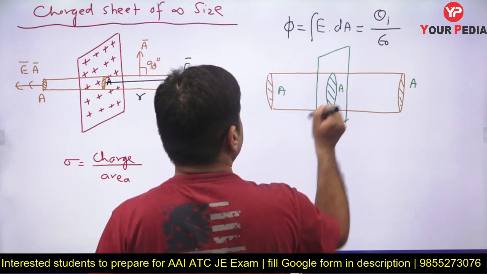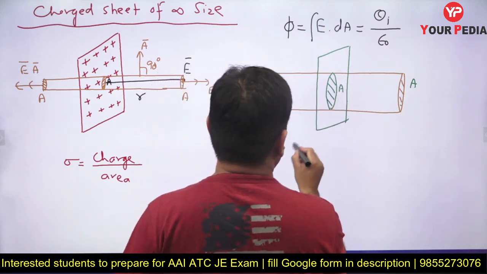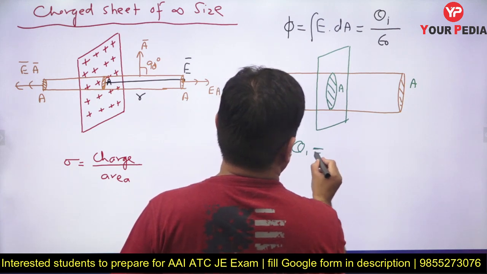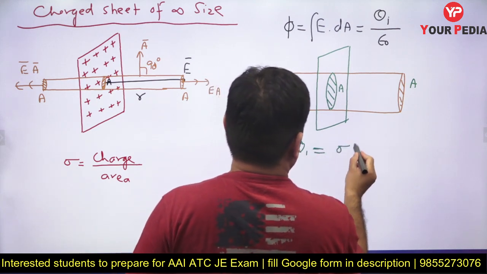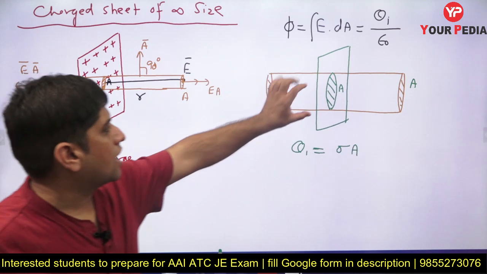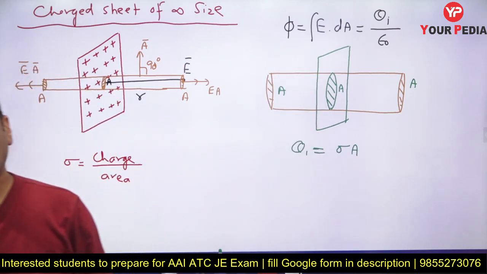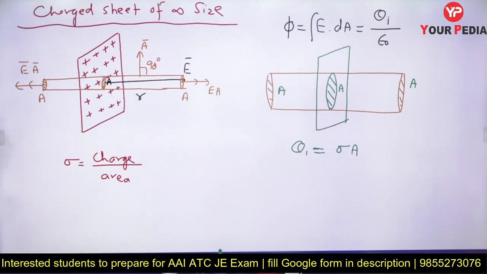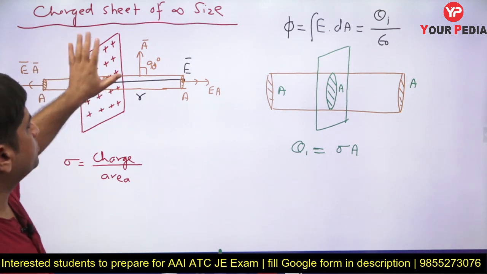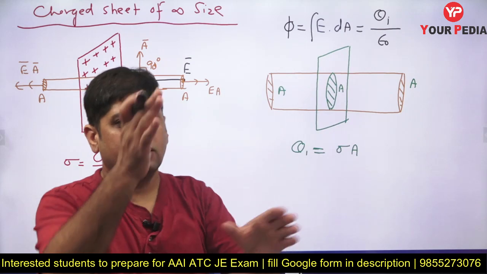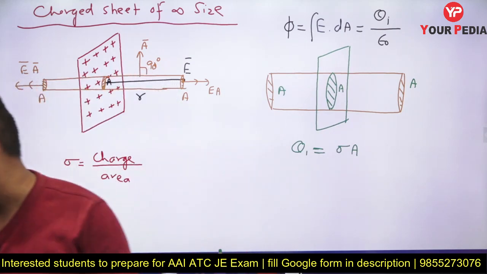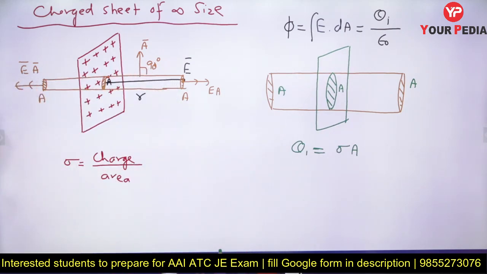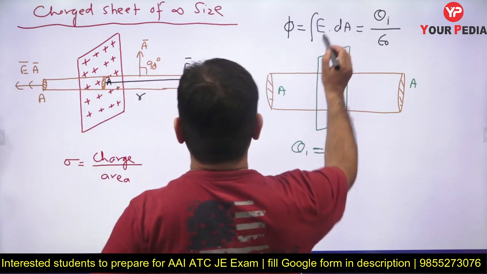So this area A contains the charge. What is the inside charge? The inside charge is the area into the surface charge density. This is the charge Q which this cylinder has from the plate. This is a very infinitely large plate, but this part is cut by the cylinder. So that is the charge we have: sigma into A. Now what is the integral of E dA?